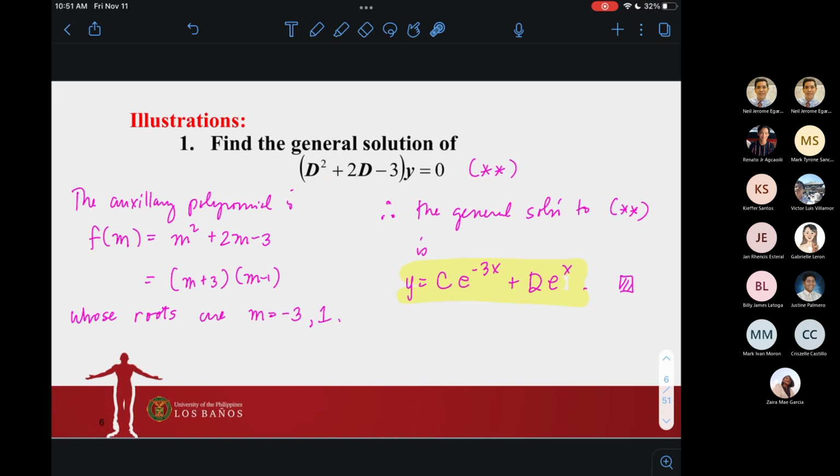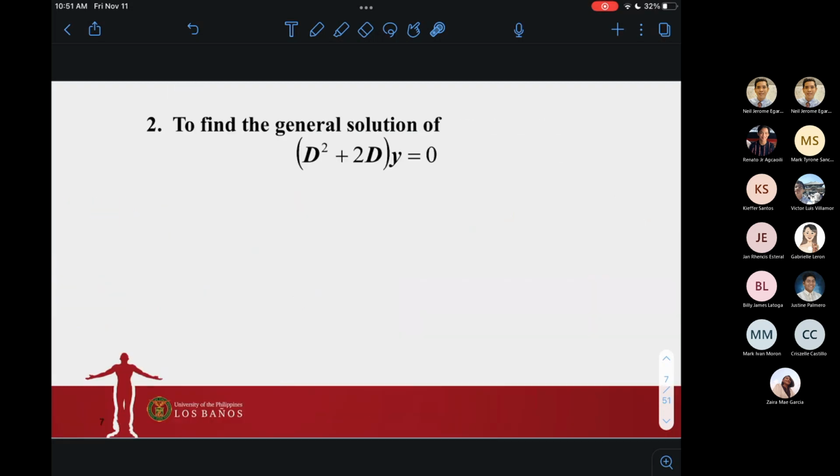And anyway, a complete solution to all of these examples is already in the handouts provided in the module for this week. Right? Is that okay? Because it's already 10:51, and how many slides are there? I still have 44 slides to cover. So hopefully we can do this. Okay.